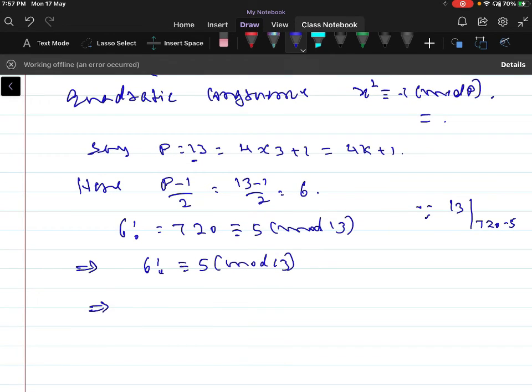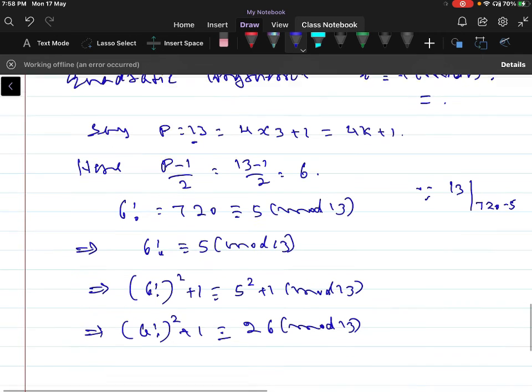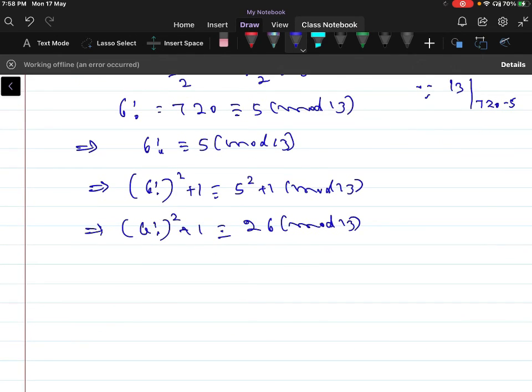So this implies 6 factorial square plus 1 is congruent to 5 square plus 1 modulo 13. So this implies 6 factorial square plus 1 is congruent to 26 modulo 13. But 26 is congruent to 0 modulo 13 since 13 divides 26.